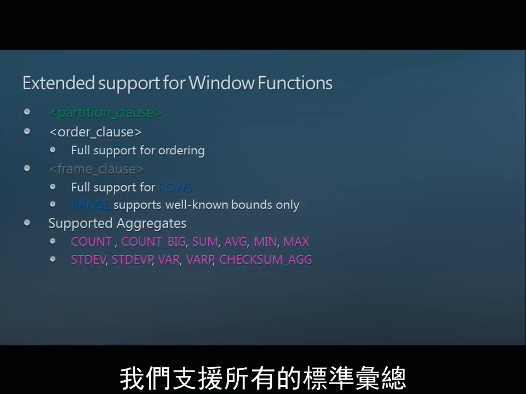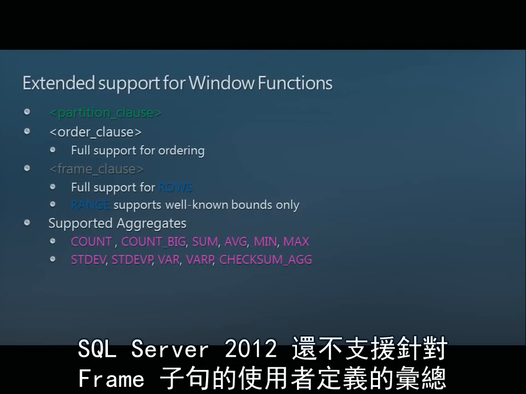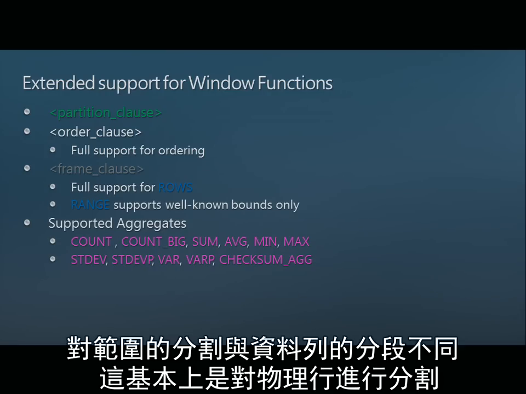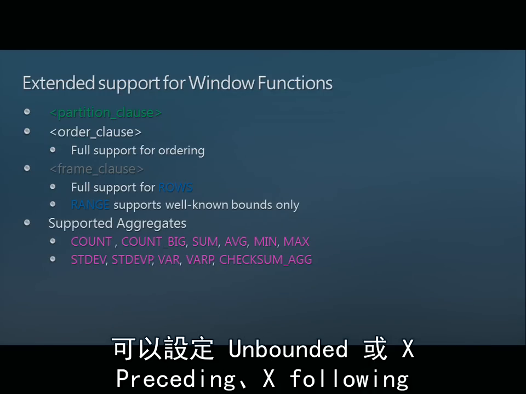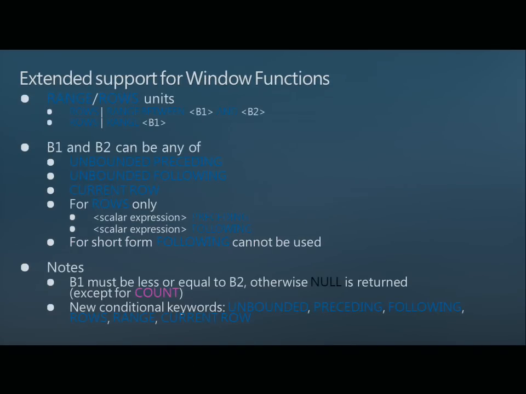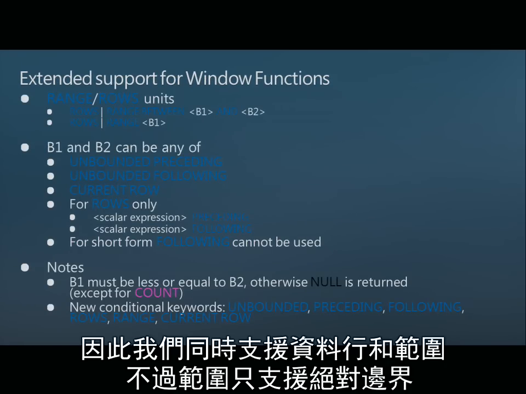And we support all of the standard aggregates. In SQL Server 2012, we don't yet support user-defined aggregates for the frame clause. We also have full support for this rows framing. The range framing, which instead of being physical rows that you specify as unbounded or X preceding, X following, is based on the values instead of the row counts. So we do support both rows and range, but for range, we only support the absolutes.